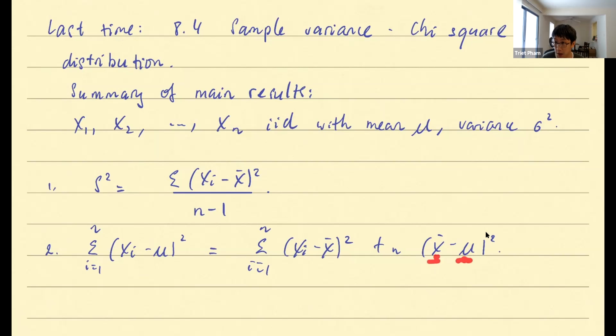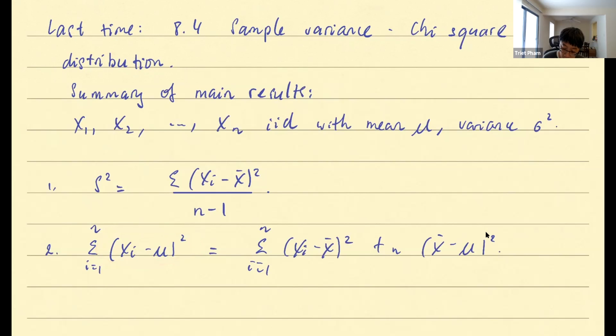Mu is a constant. It doesn't affect the distribution in any dramatic way. Here, you subtract mu from Xi and square it. That still preserves the independence among these random variables. Of course, the square here changed the distribution of Xi minus mu, but in terms of the sum, you're still looking at a sum of independent random variables.